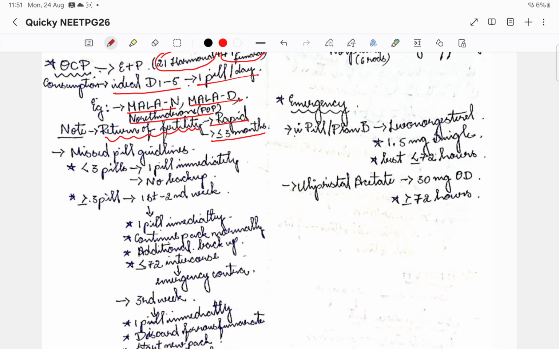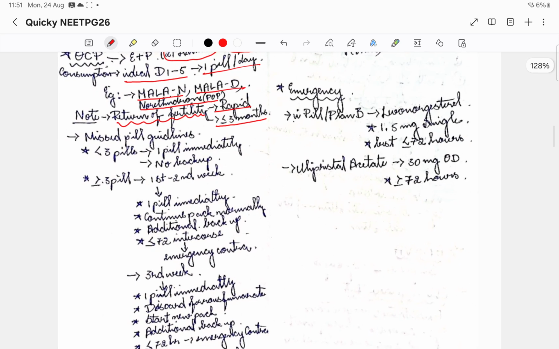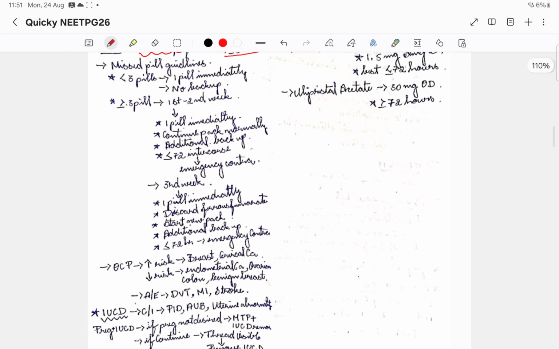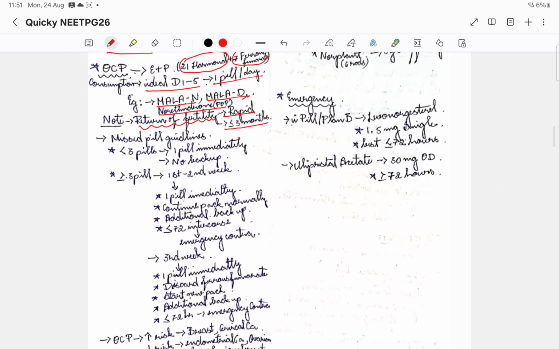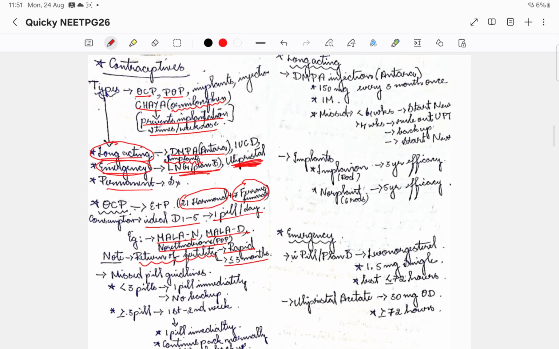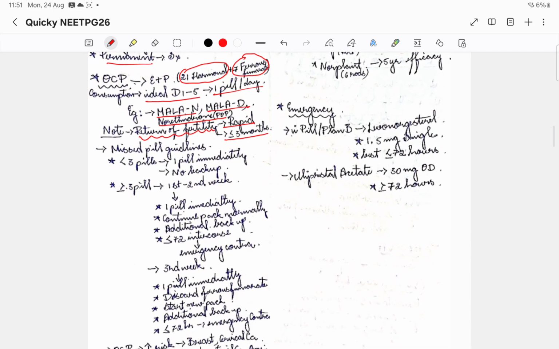You need not do anything, no intervention is needed. It might happen rapidly, or it might take 3 months. This is what your answer should be. Then the most important thing with respect to contraceptives is the missed pill guidelines.